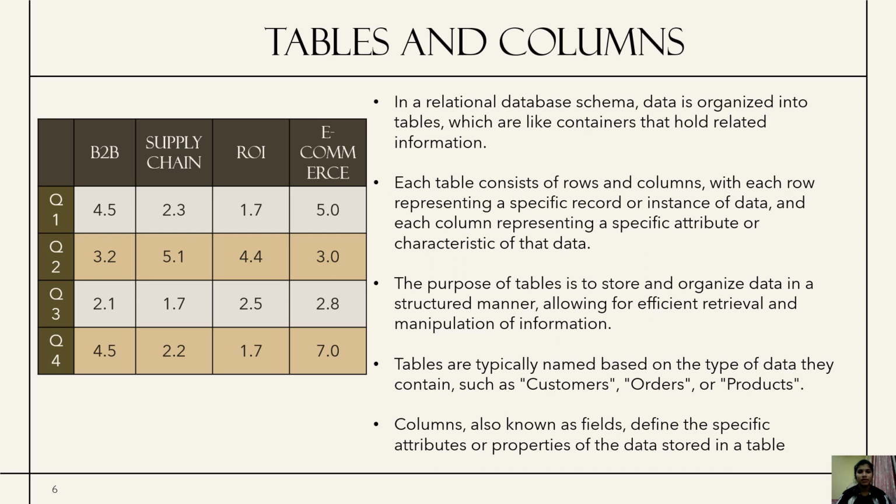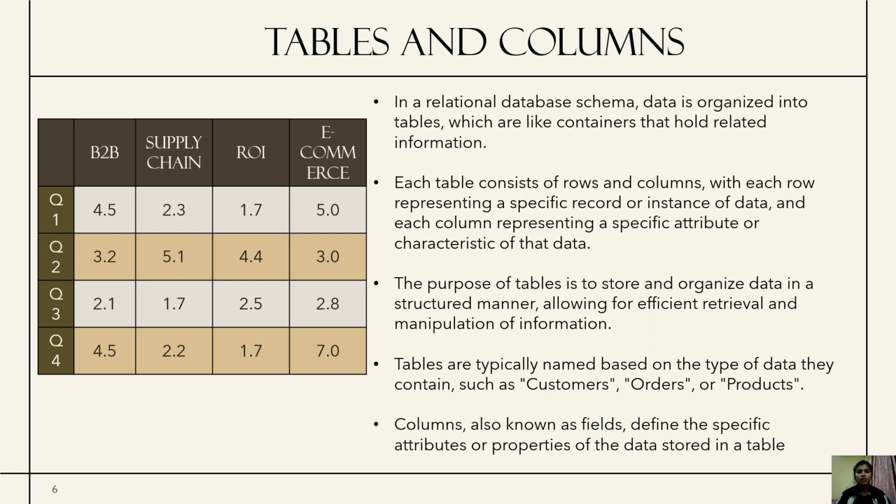Next is tables and columns. We'll learn briefly about relational schemas through tables and columns. A table is data organized in a way that is efficient and readable by the user. Each row and column consists of specific records of data, and each column represents a specific attribute or characteristic of data.